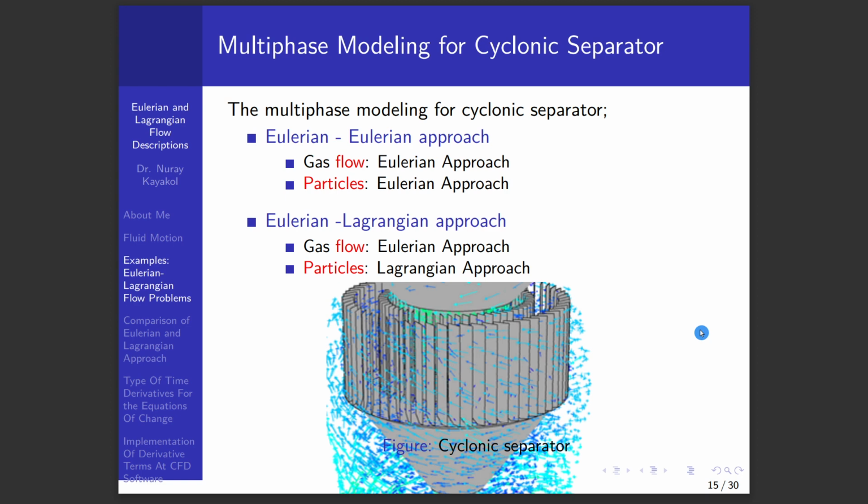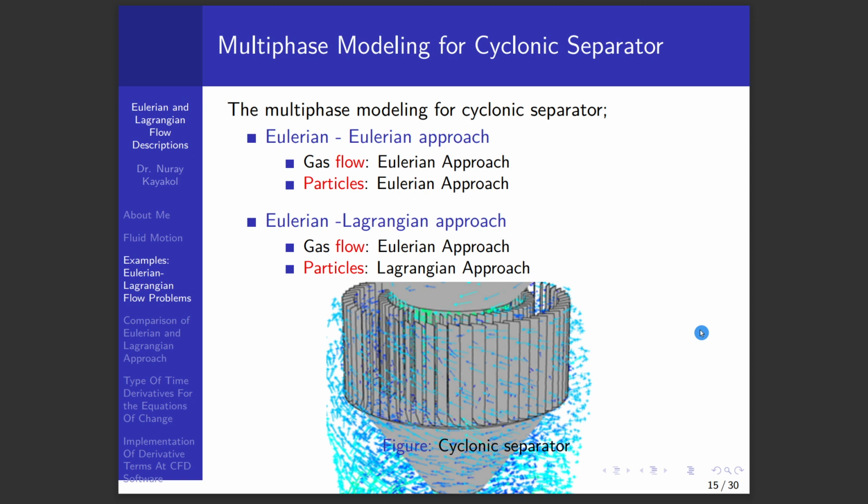Let's talk about an industrial one, multiphase modeling for cyclonic flow. If you read CFD papers, if it is a single phase simulation, nobody will talk about Eulerian or Lagrangian approach. But if you read papers similar to this cyclonic separator simulation, the author first of all should tell how gas and particles are treated.